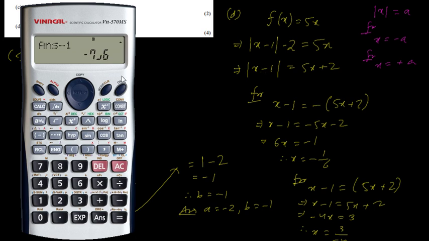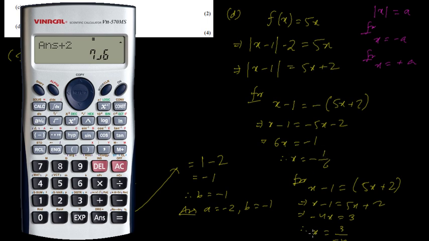So on the left hand side we have 7 by 6. So now let's check the right hand side. So 5 into minus 1 by 6 is minus 5 by 6. And then on the other side we have plus 2. So this is 7 by 6. So left hand side is 7 by 6 and the right hand side is 7 by 6. So x equals minus 1 by 6 would be true.